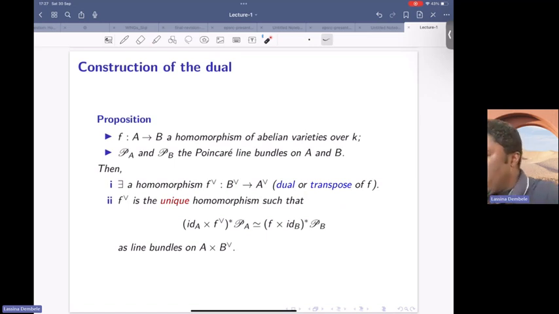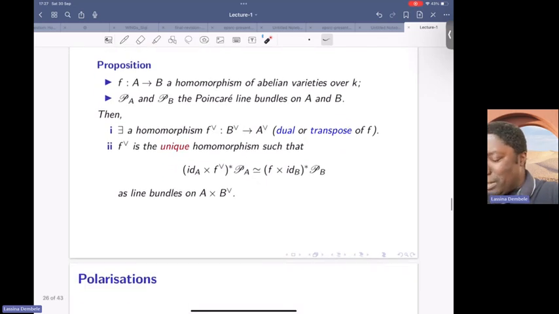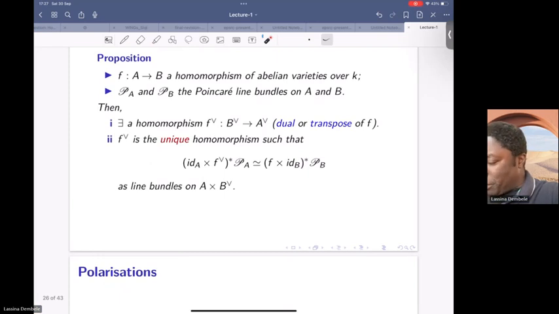But the key thing of this statement is the fact that we have this dual homomorphism here. So that's a very important statement for us.